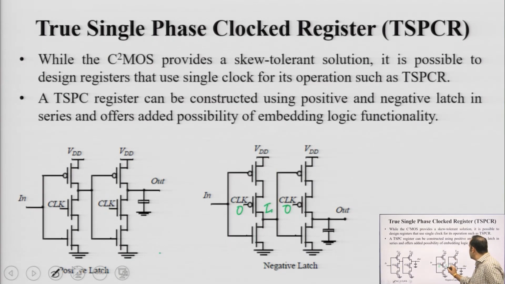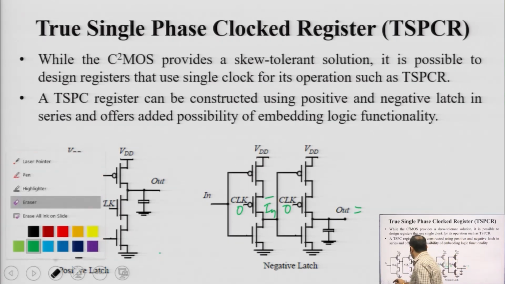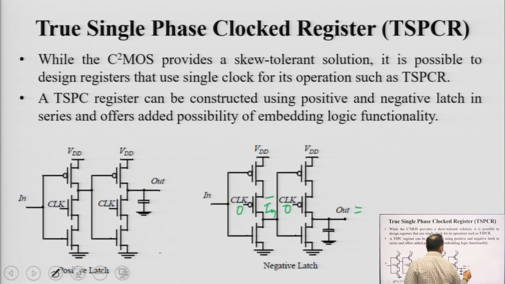So, in bar gets sampled again, which basically means that your input will make its way. So, on a falling edge, on a negative edge of your clock, in a negative latch, your input signal will make its way to the output.